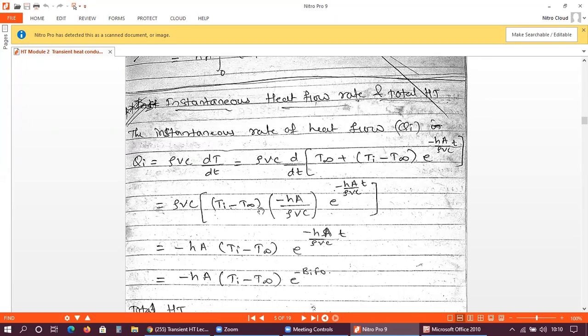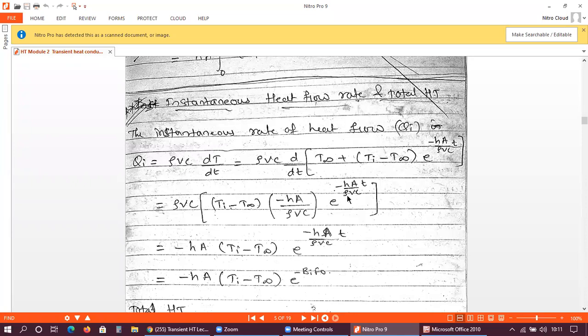Then Ti minus T infinity multiplied by minus hA by rho Vc. This t parameter will become 1 here because we are differentiating with respect to small t. Multiplied again by e raised to minus hAt by rho Vc.